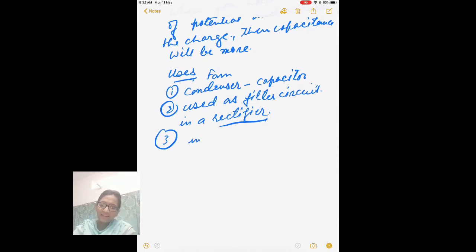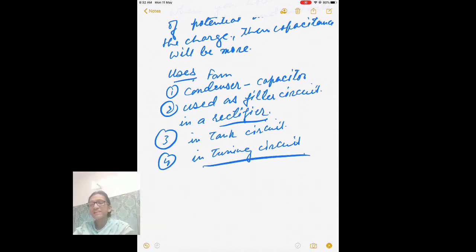in a tank circuit, in a tuning circuit. In a tuning circuit, we have radios and we tune for different channels, and we move the knob.